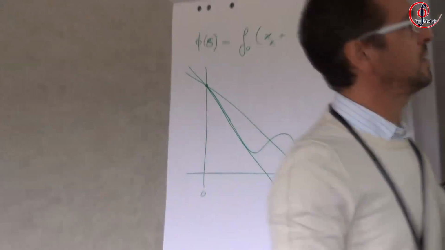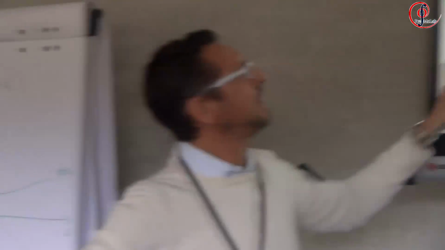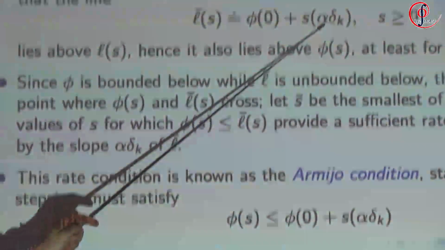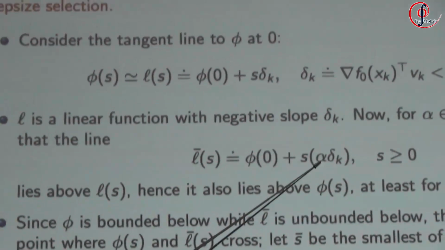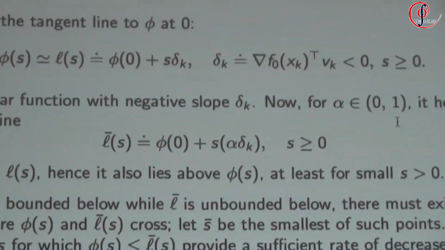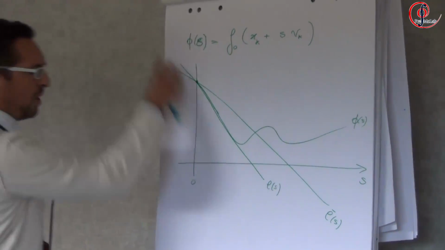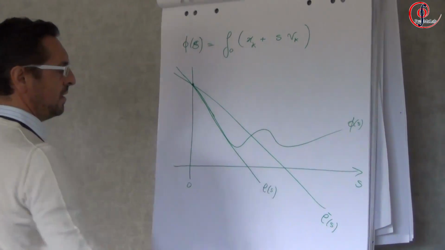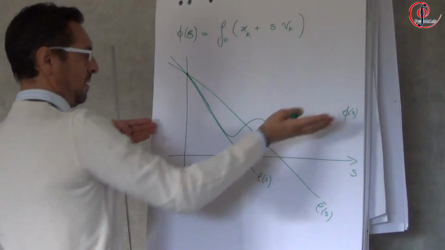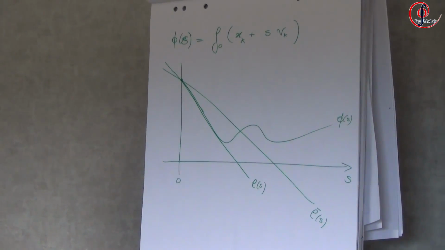We take the same expression that we had for L of s, and we multiply delta k by some parameter alpha in (0, 1). In this way, we are just decreasing the slope. So we have two lines: one is the tangent line of phi at 0, and the other one is a tilted version of that line.